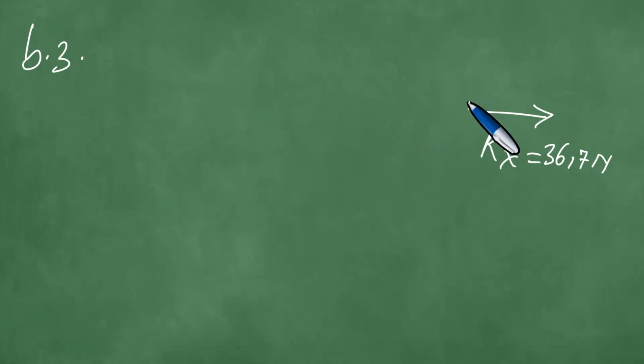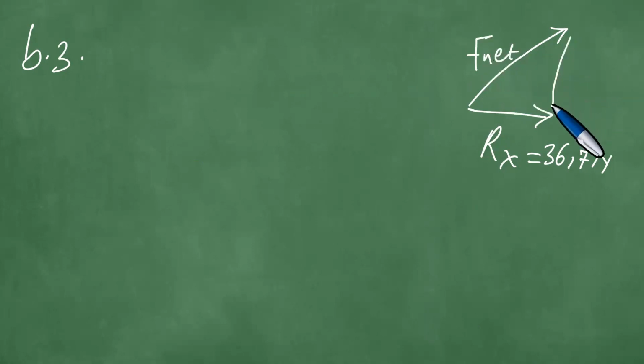And then we have this one here, which is the F net. And then we have this one here, which is Fy, and this is 90 degrees. This translates to this one here.